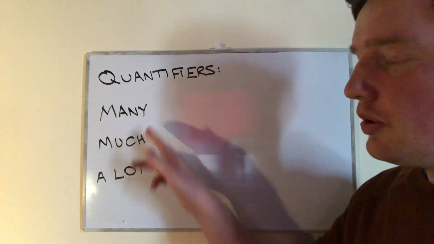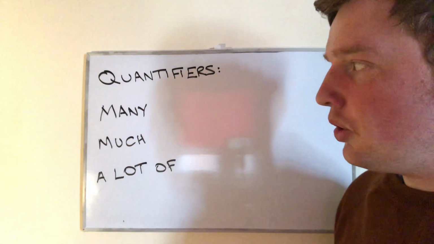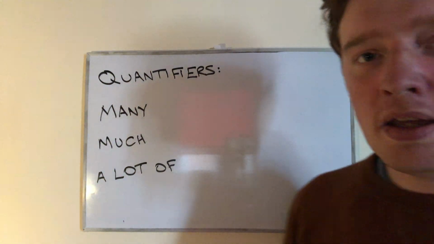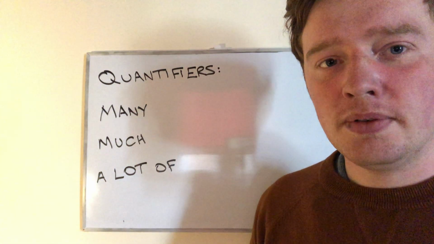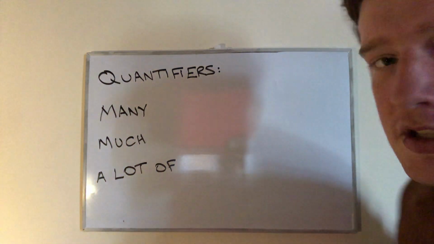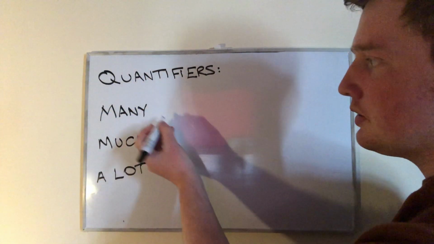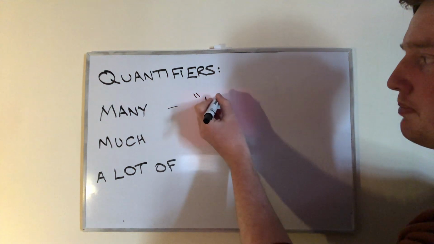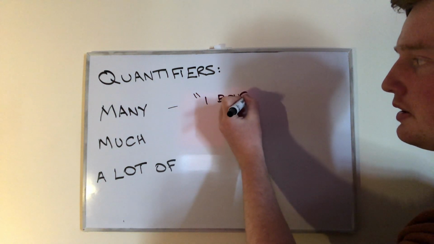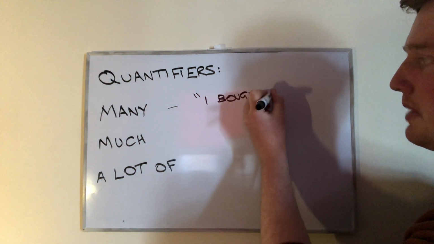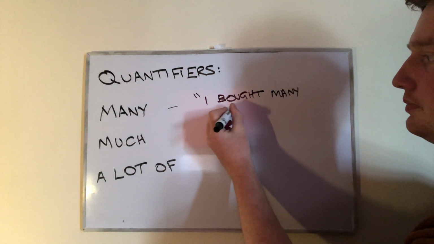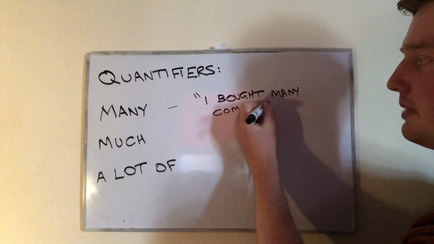In English, the quantifier many is only compatible with countable nouns. Let's take a look at an example. So if I was to say, I bought many computers.